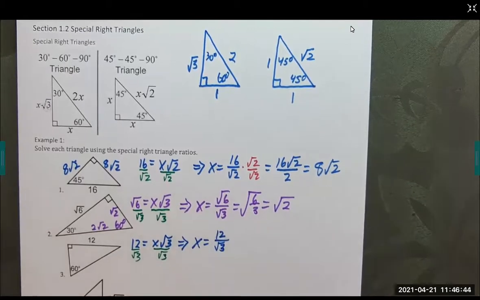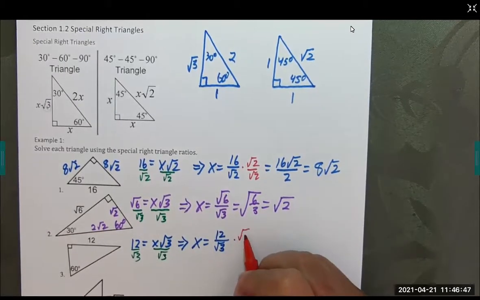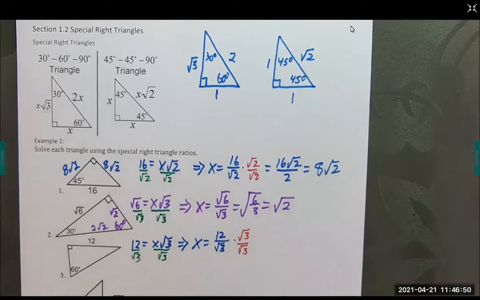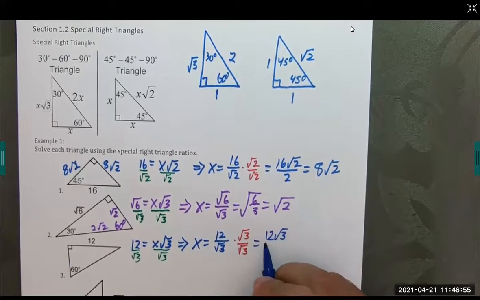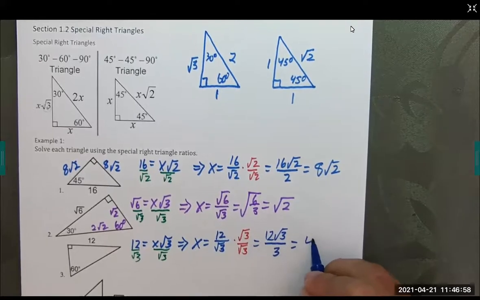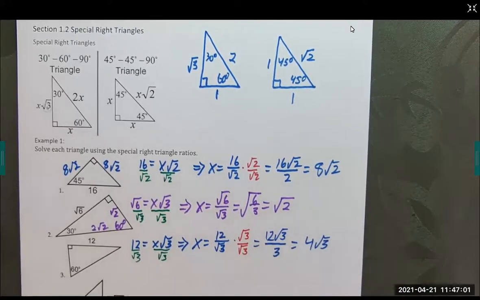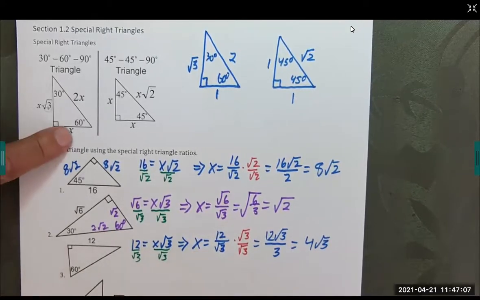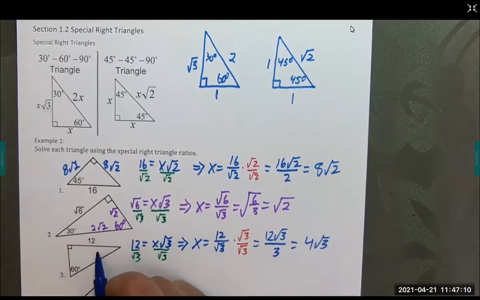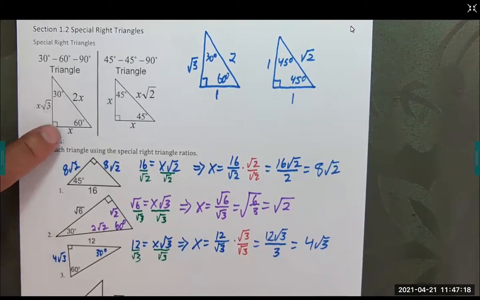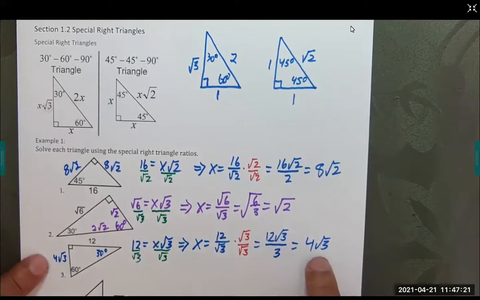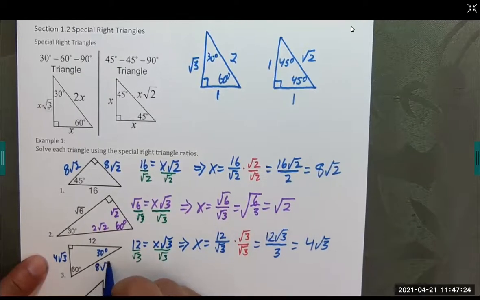And we're going to rationalize that denominator, giving us 12 root 3 divided by 3, or 4 root 3. This means that this side here, our x, is the side opposite to 30, which is our 30 degree angle here. So this is going to be 4 root 3. And once again, our hypotenuse is going to be double whatever x is, in this case we're going to double that. That makes this 8 root 3.